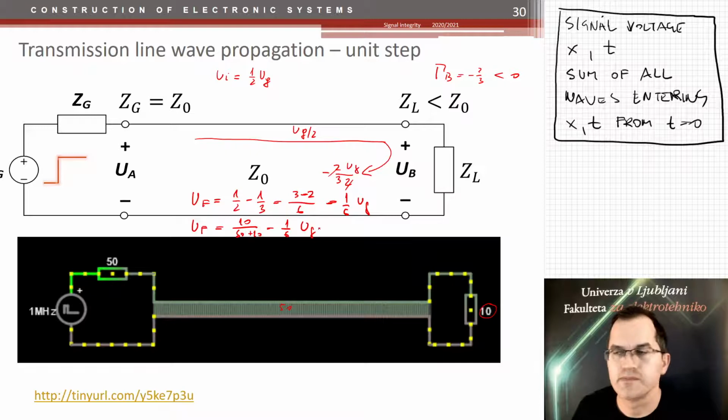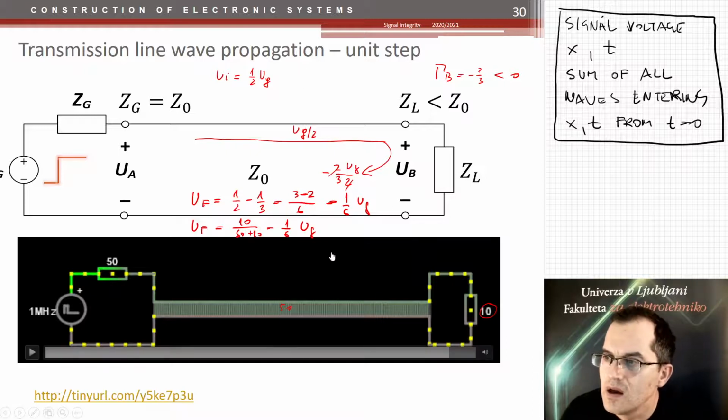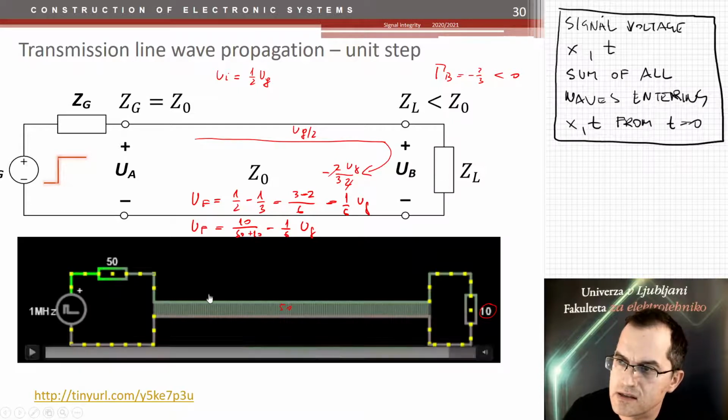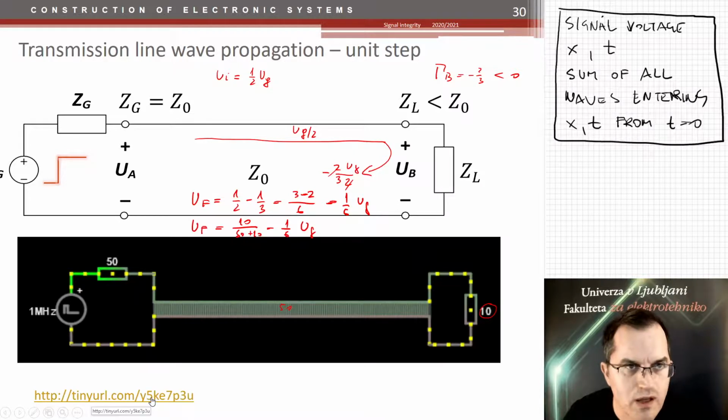Seems okay? Okay, maybe before we go to the next slide, here are the links, and these links actually show the same simulations, and these are very useful. So please check it out. If you don't understand that, try to think about it and then try to reconstruct the signal.